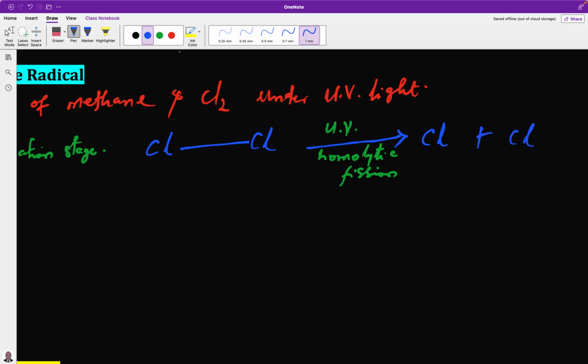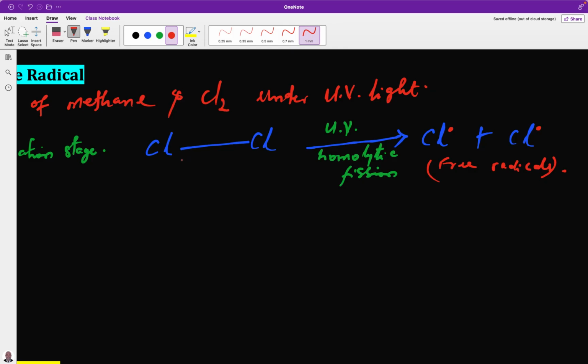The free radical is represented by a single electron. We call them free radicals. Very reactive.